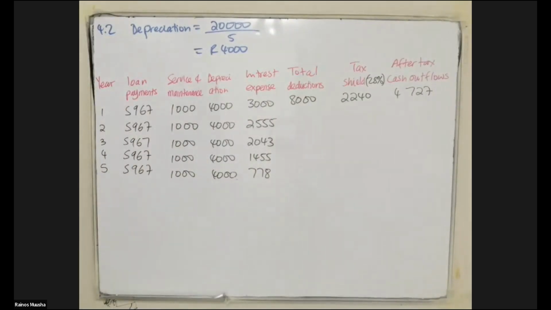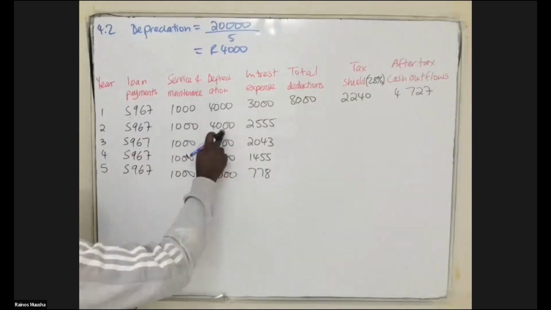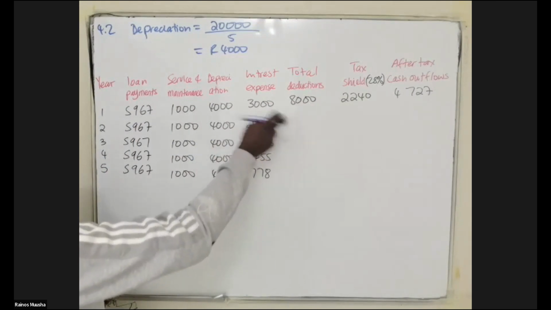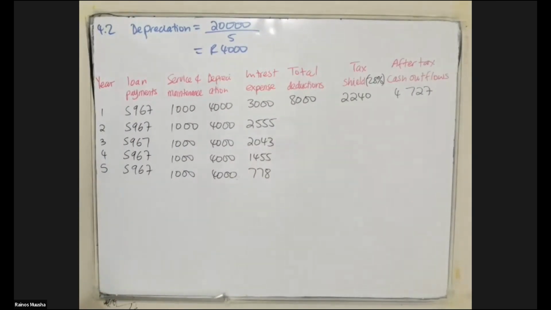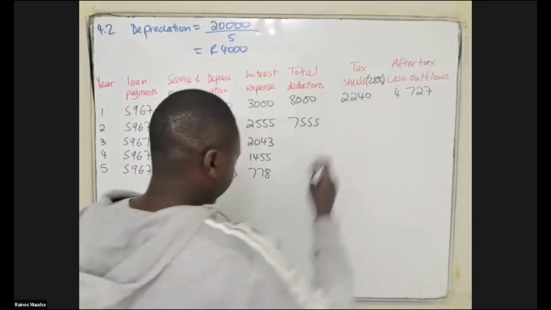We're going to do the same calculation for year two as well. For year two, our total deductions would be equal to our service and maintenance cost, our depreciation expense, and our interest expense. How much is our total deductions? It's 7,555. So 7,555 multiplied by 28%.